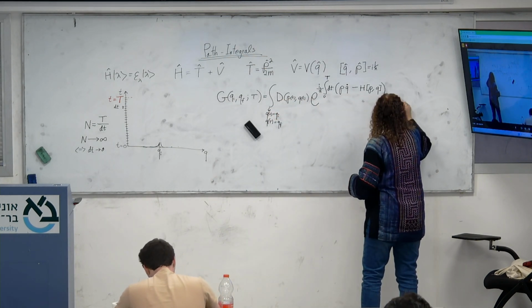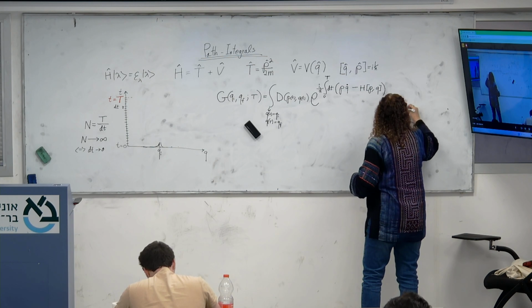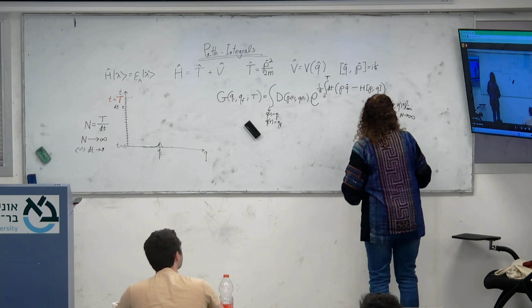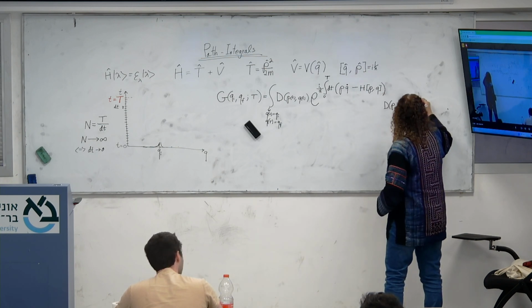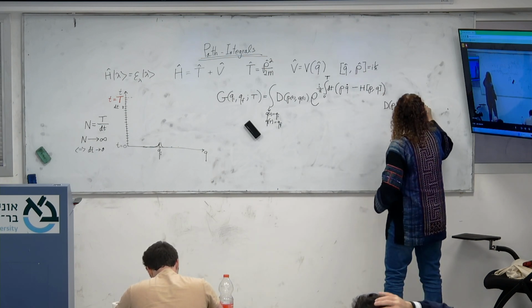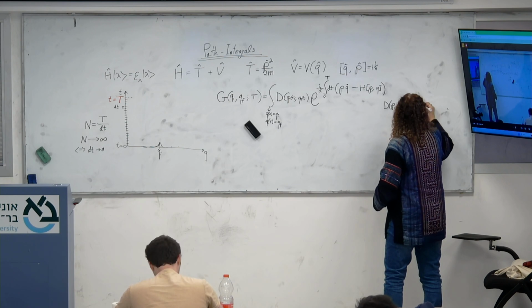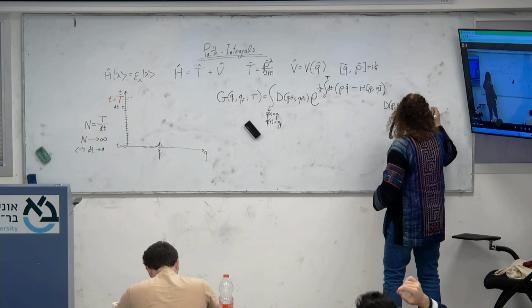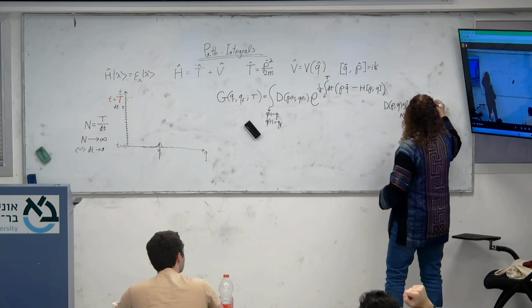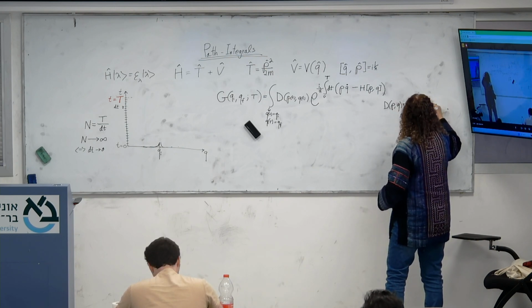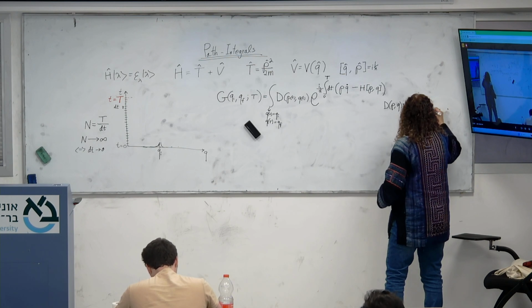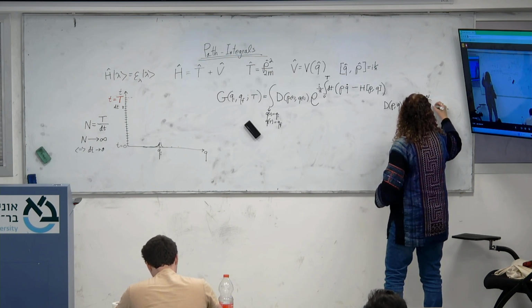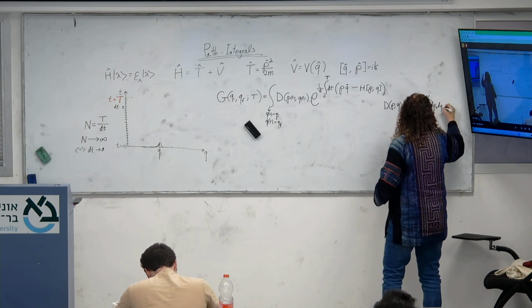So dp dq is actually the limit when n goes to infinity of, first of all, 1 over 2 pi h bar to the power 2n, times product of dp_n dq_n. Okay, it's just this.